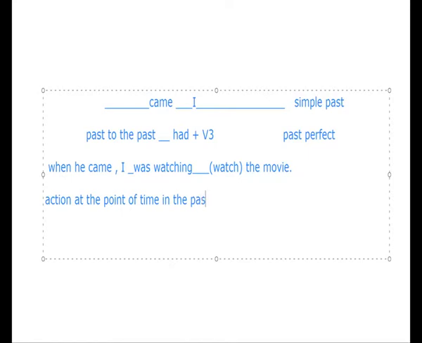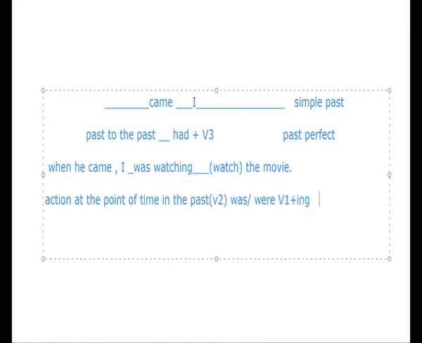Generally that is indicated by V2 again, point of time in the past, generally V2. If that is another action, then that is expressed in was or were plus V1 plus ing form.